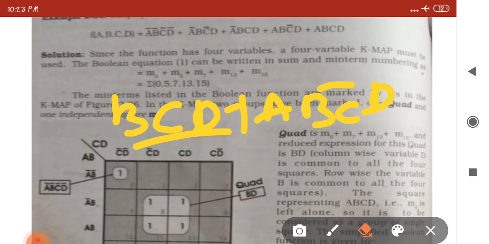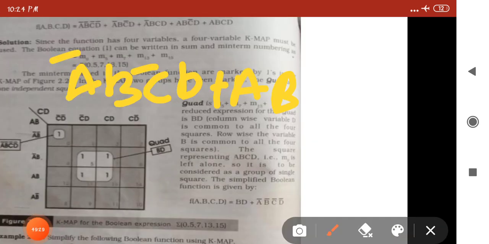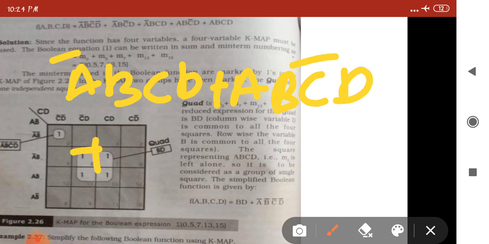BCD plus A B C bar D is remaining. Yes, A B, A bar C D, sorry, C bar D, is A B C bar D plus B C D. It comes like that.